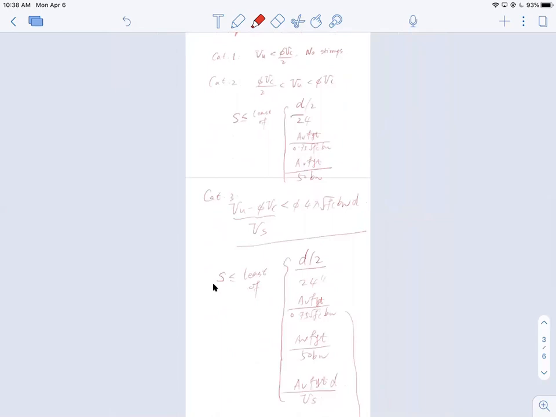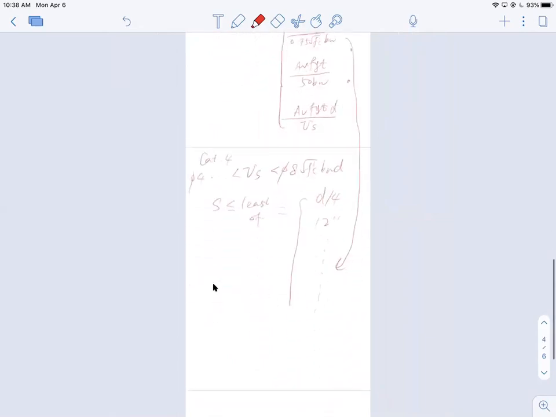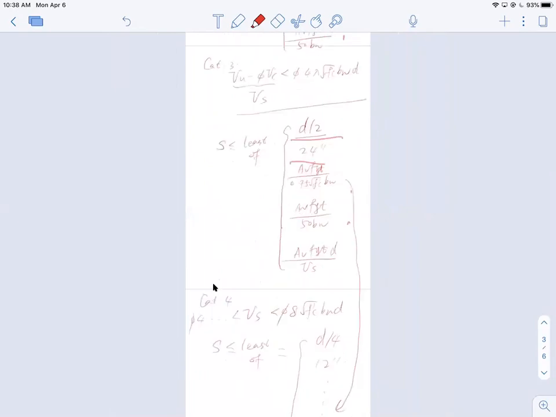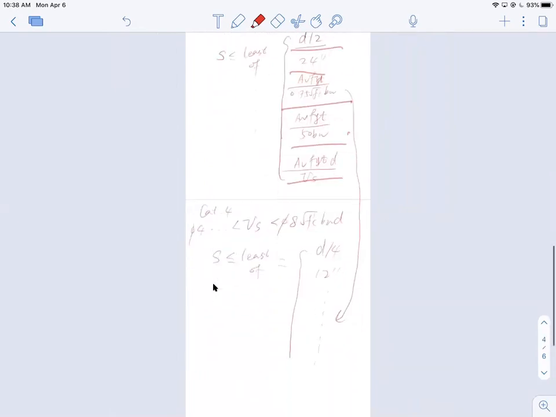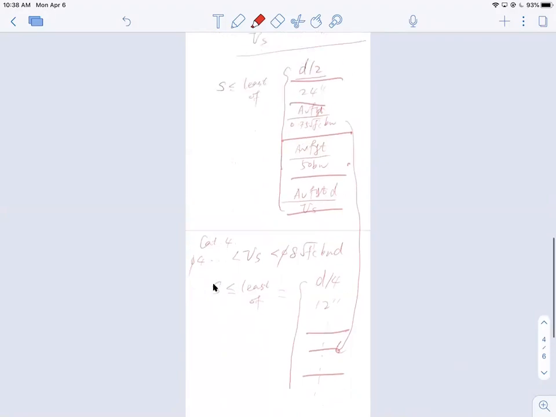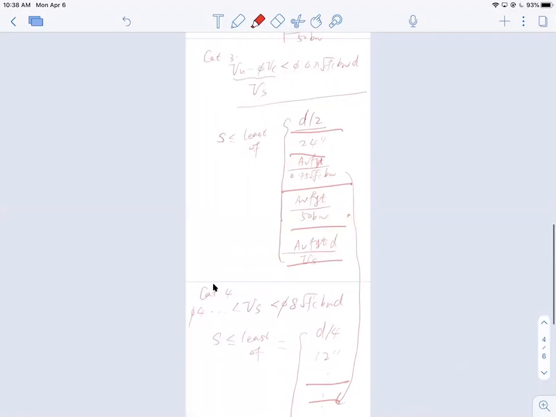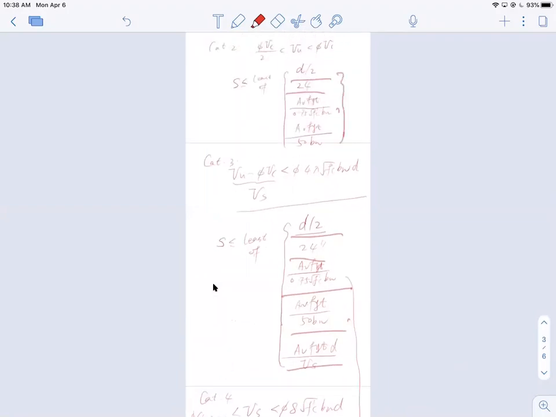For instance, this D over 2 happens here, 24 happens here, and the rest of category 3 repeats in category 4. Normally one of these will govern, most cases either D over 2 or the 24 inches.